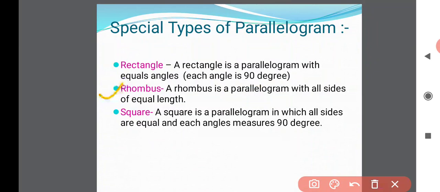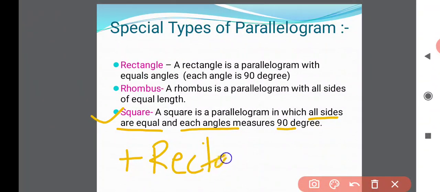But what is its speciality? All sides are equal. Let's see the third type of parallelogram, that is a square. A square is a parallelogram in which all sides are equal and each angle measures 90 degrees, meaning all angles are equal. Or we can say that a square is actually a combination of rectangle and rhombus.